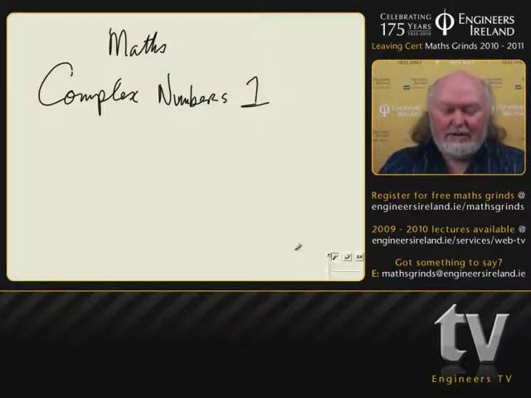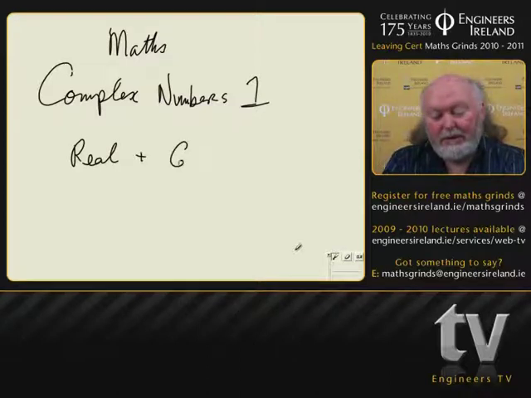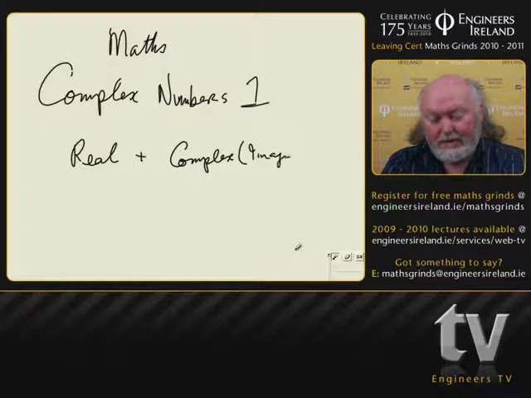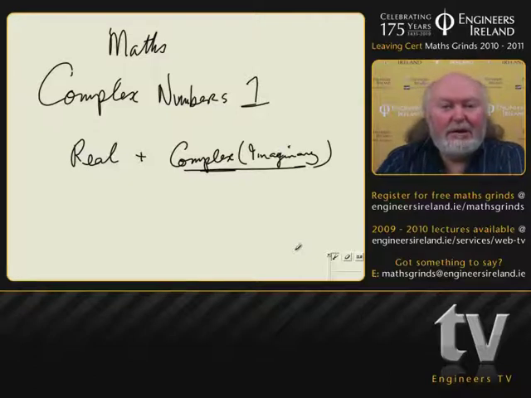And the basic concept is we're saying for a complex number we will have a real bit, sounds all nice and happy, and we'll have a complex bit, which is the imaginary. It's the bit that makes the number complex, an imaginary bit. So why is it imaginary?